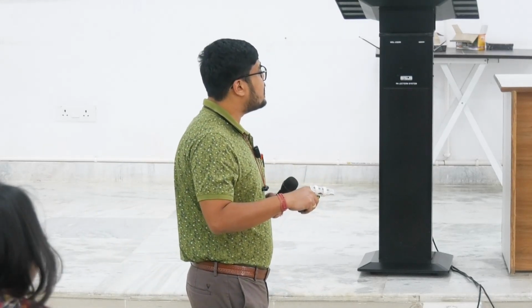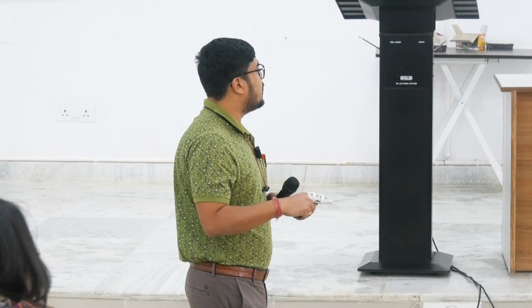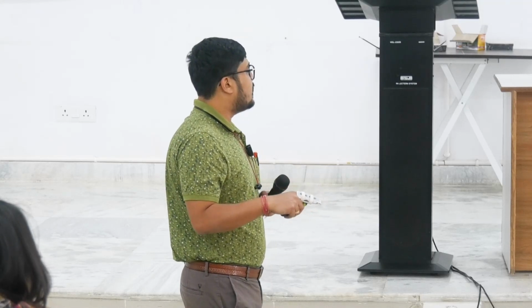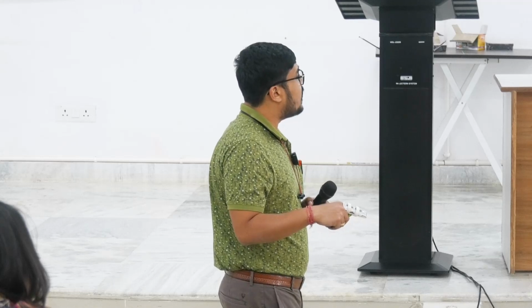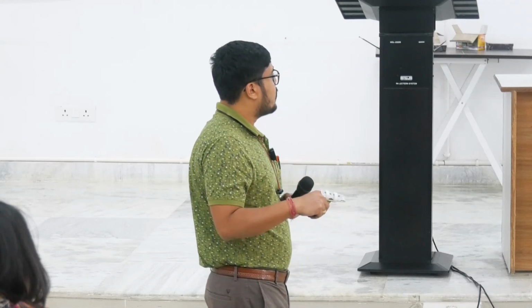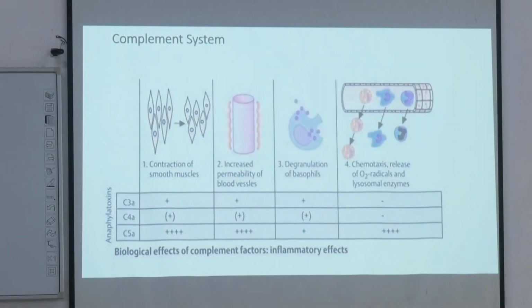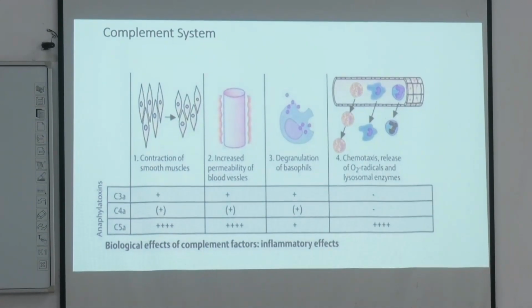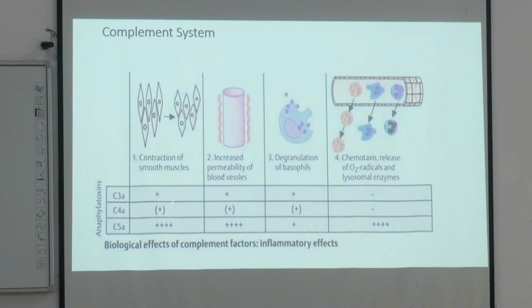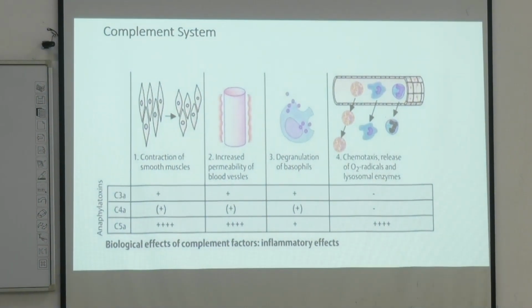Contraction of the smooth muscles, increased permeability of the blood vessels, degranulation of basophils, chemotaxis, release of O2 radicals and lysosomal enzymes. So C3a, C4a and C5a are collectively known as anaphylatoxins because they initiate anaphylaxis. Among these anaphylatoxins, the most potent is C5a.